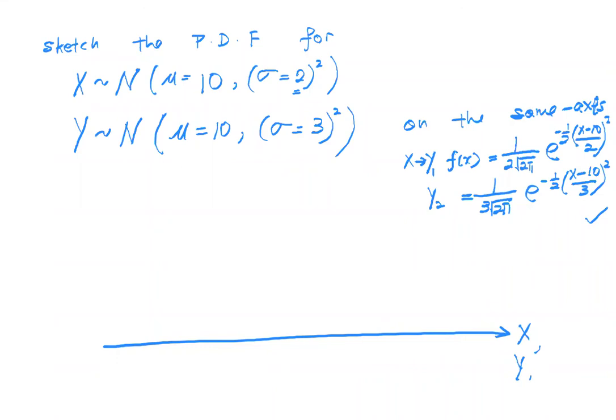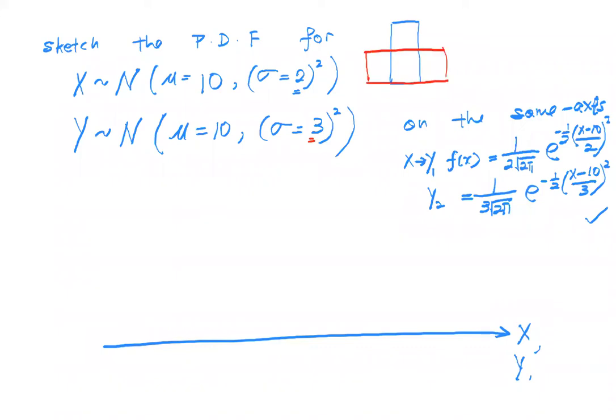So you see, x, the spread is smaller, but the area still needs to be 1 unit. So that's why it is taller. For y, the spread is bigger. So the area still needs to be 1 unit. So that's why it is shorter.